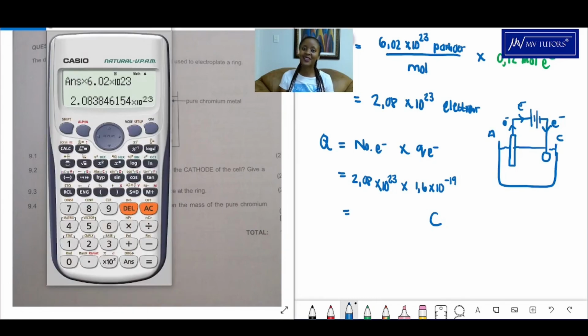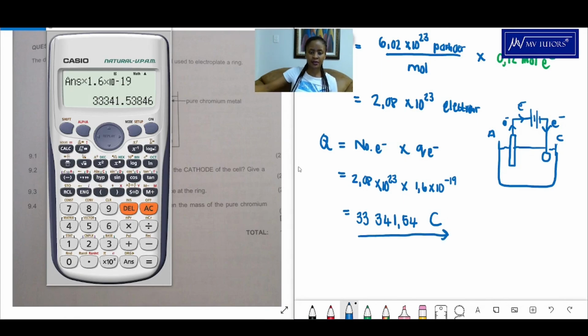Okay, I'm looking for the calculator. So we have the number of electrons, and I'm going to multiply it by the charge, which is 1,6 times 10 to the power negative 19. And then we have 33,341,54 Coulomb.